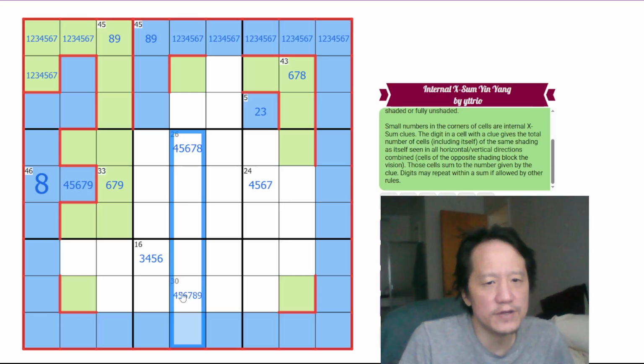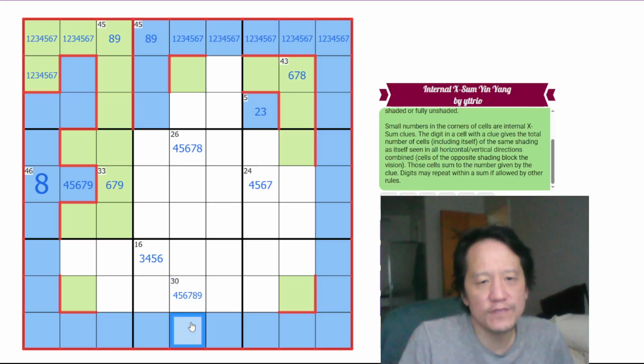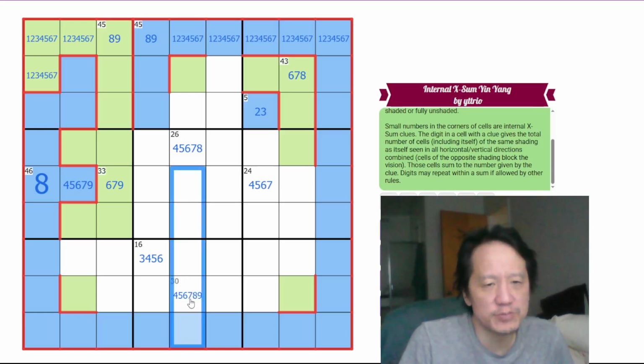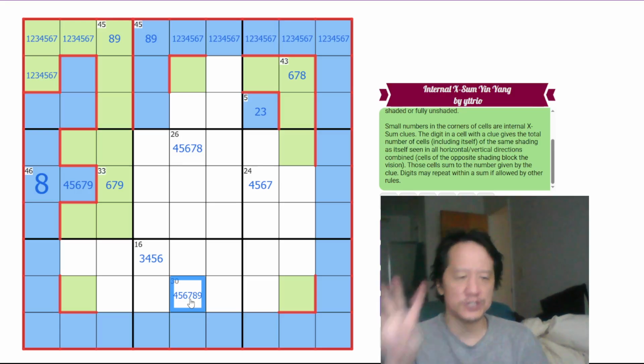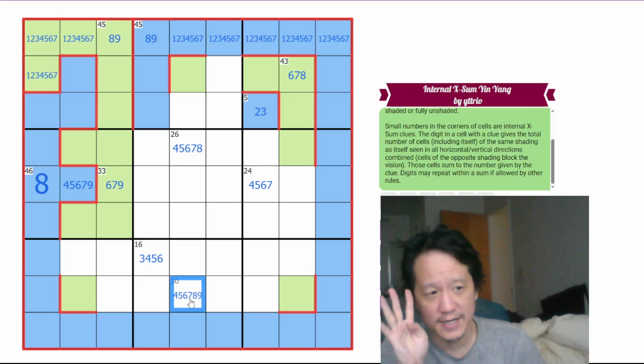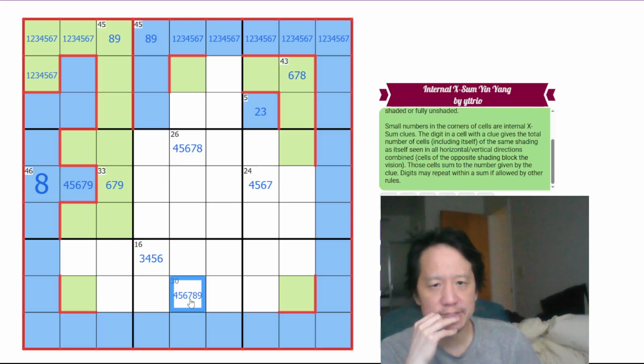And this would have to add up to 30 because you don't have anything in the horizontal direction, and this adds up to 26, but this already adds up to 30, so that's not possible. So if it goes this way, it has to be specifically 5, because 4 digits with 4 in it does not add up to 30. So that's possible.